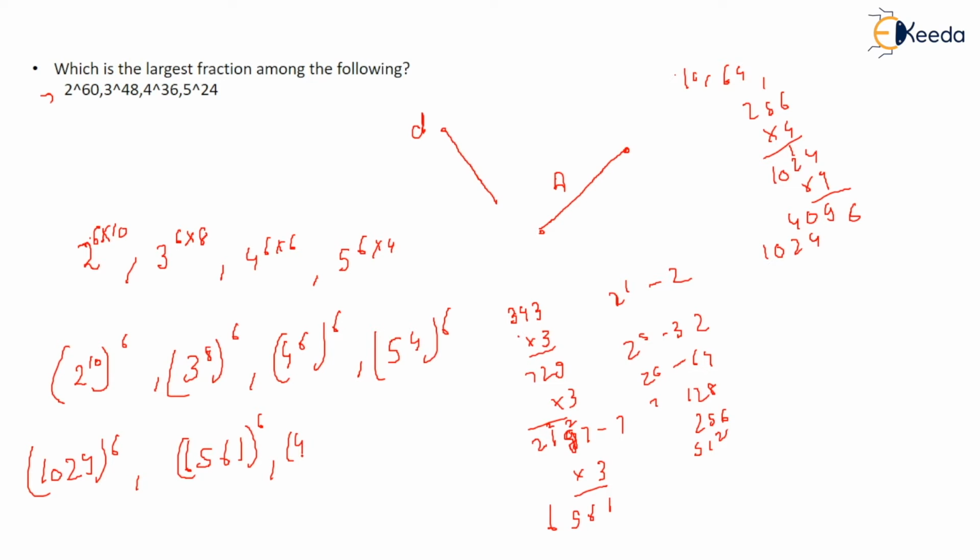Okay, 4096 to the power 6. And 5 to the power 4 comes out to be: 5 to the power 2 is 25, 3 is 125, and 625 to the power 6.